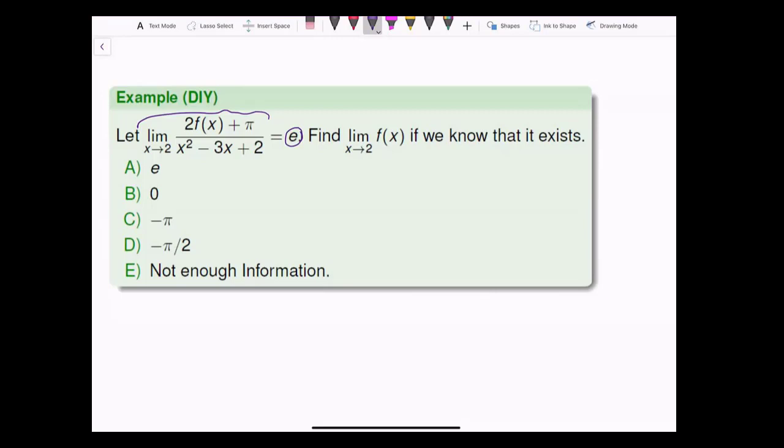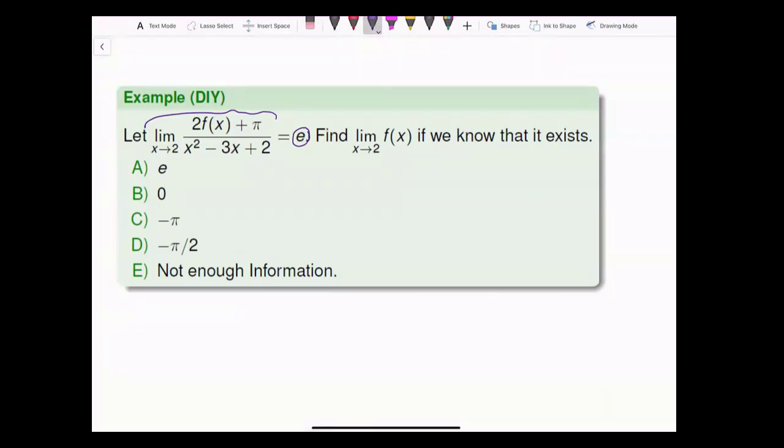So what we do here is, just think about this problem single-mindedly. If this was something that I wanted to find the limit of, I would start to check whether the limit of the denominator is 0 or not. So this is 2 squared minus 3 times 2 plus 2. This will give me 4 minus 6 plus 2, which is equal to 0.